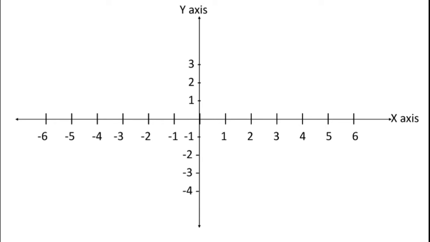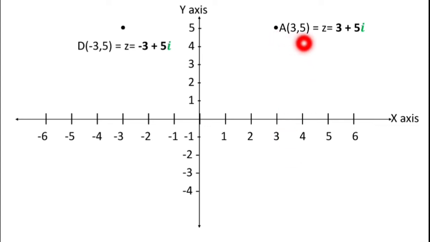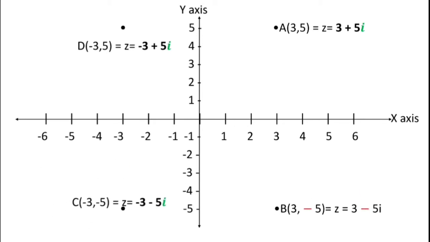Now the coordinate of A is (3, 5), that is nothing but 3 plus 5i. See here 3 and this one is 5. And B is (3, minus 5), that is z is equal to 3 minus 5i. C is equal to (minus 3, minus 5) and D is the remaining point. This diagram is nothing but the Argand diagram, that's it.